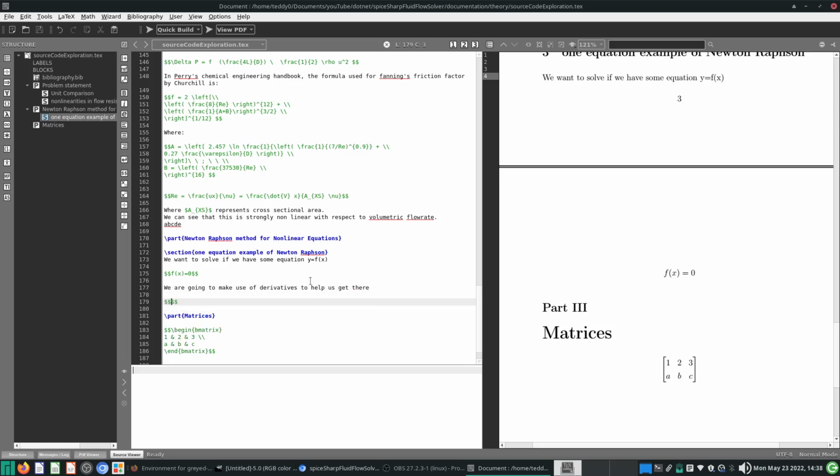So we'll have these derivatives, d by dx of f(x).